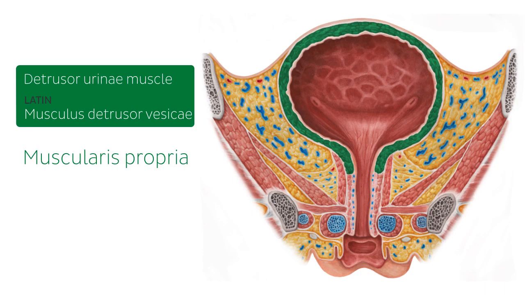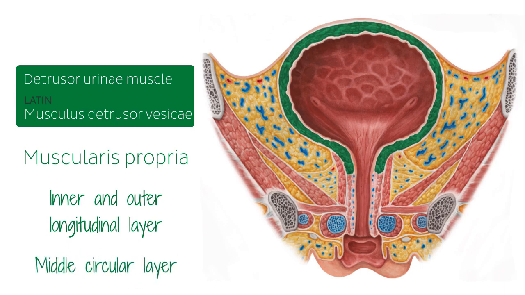This musculature is smooth muscle found around the wall of the bladder, as you can see here on this illustration, and is comprised of the inner and outer longitudinal layers, as well as the middle circular layer. This muscle relaxes during accumulation of urine in the bladder and contracts only during urination to void, or empty, the bladder.